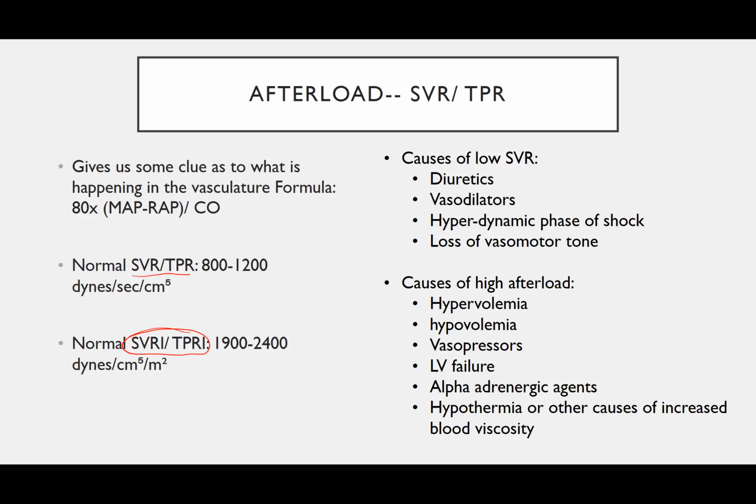So it could be somebody who is grossly volume overloaded. It could be somebody who is really volume down, who's hypovolemic. However, the body's compensated by really vasoconstricting, of course, vasopressor use, things like that.